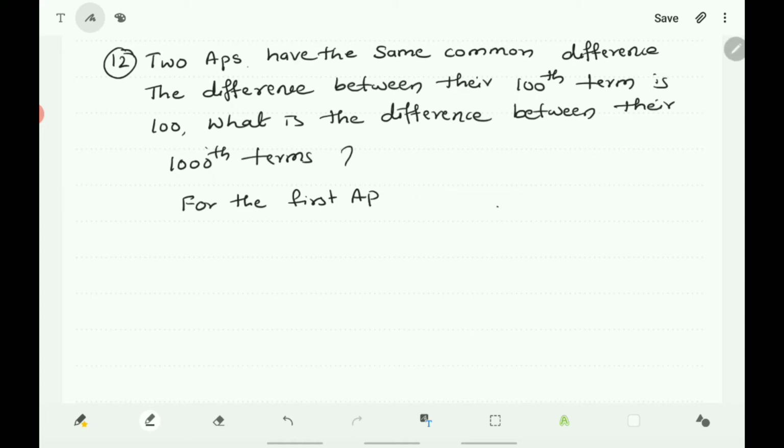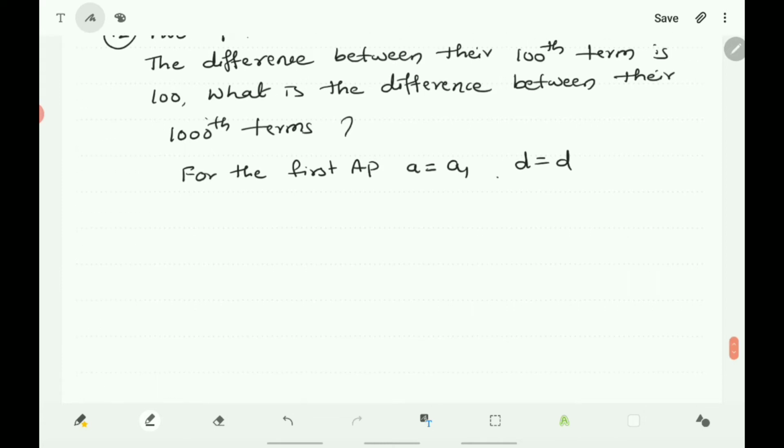For the first AP, the first term is A equals A1 and D is D only. Then A100 becomes A plus 99D, that is A1 plus 99D. Consider this is the first.